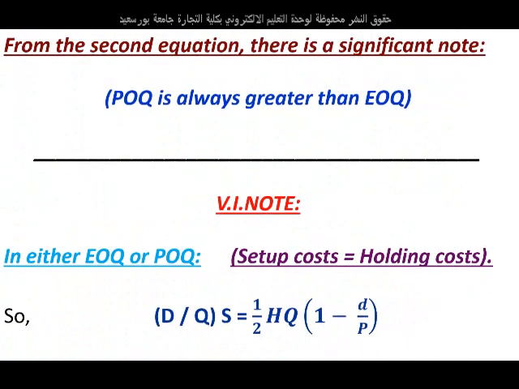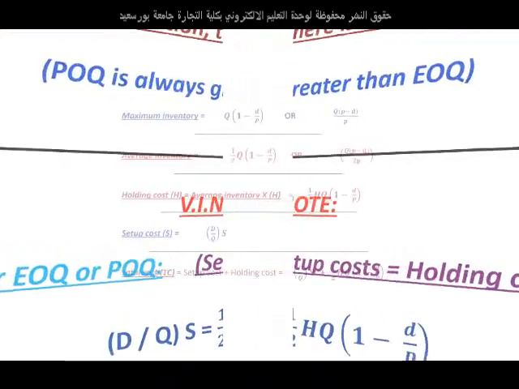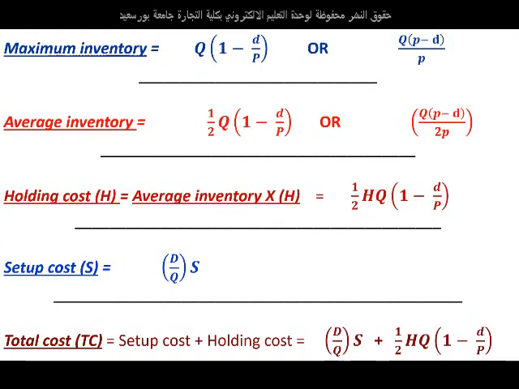Next. And also we mentioned how we can calculate POQ. Keep in mind, setup cost should be equal to holding cost. The same information as I said before: maximum inventory, average inventory, holding cost, setup cost, and the total cost.